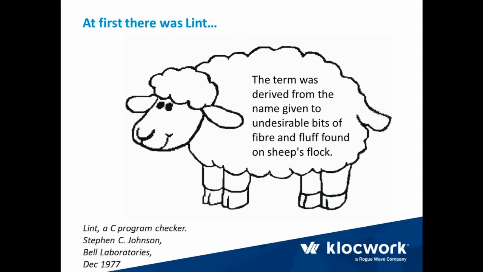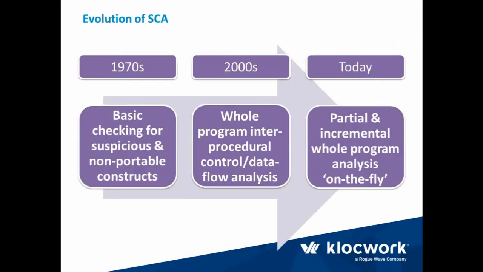That's where the term lint came from, the idea of the lint on a sheep's flock that you didn't necessarily want. It was undesirable. So that's where it all started, and things stayed the same for a long time. From the late 70s until really the late 2000s, in the space I work in, there wasn't a great deal of development.